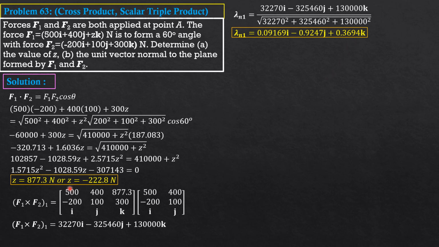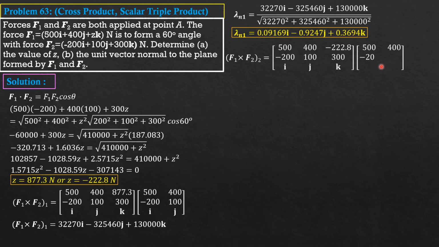For the second value, when Z is negative 222.8, F1 cross F2 sub 2 is 500, 400, negative 222.8, negative 200, 100, 300, then I J K. So using your calculator, 400 times 300 I, then plus, because this is negative, plus 100 times 222.8.